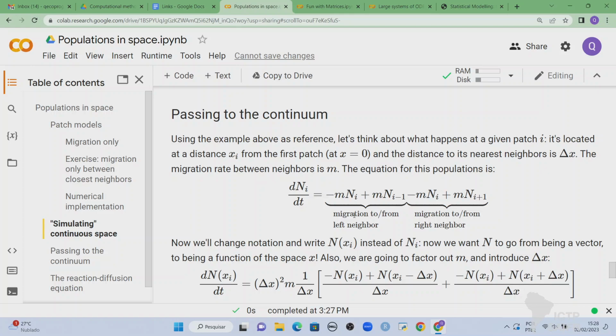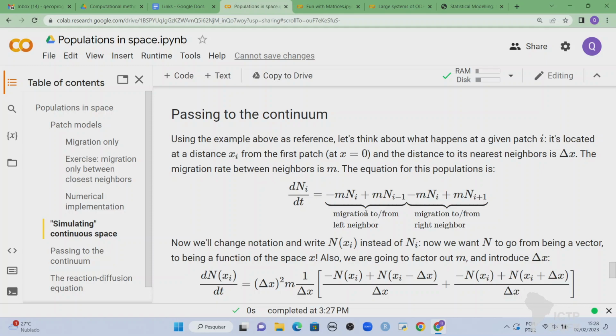I want my population m to be a function of x. So instead of having a population at this patch, at this patch, and so on, I'll have a density of population over the whole line.